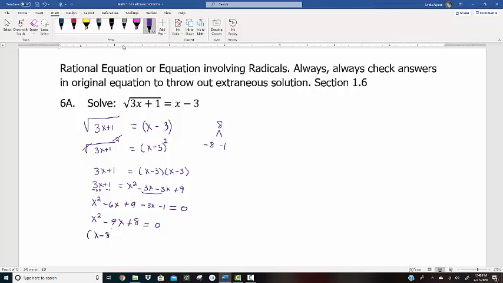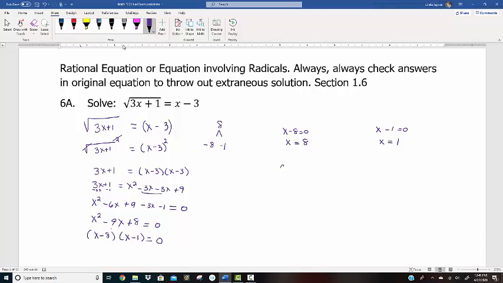X minus 8 times x minus 1. We're going to set each one of these factors equal to 0. This gives me x is equal to 8, and x minus 1 equals 0 gives me x is equal to 1.